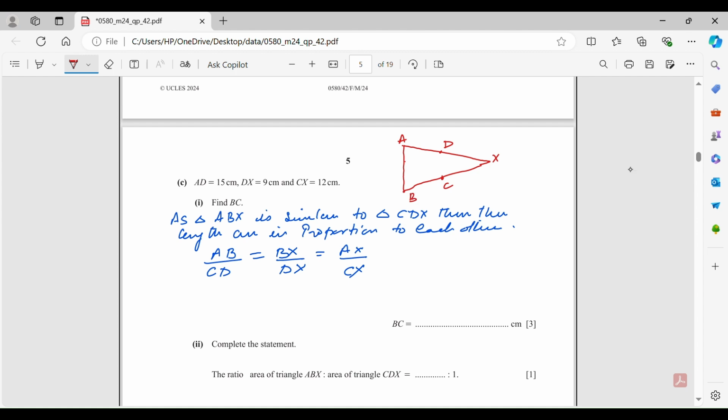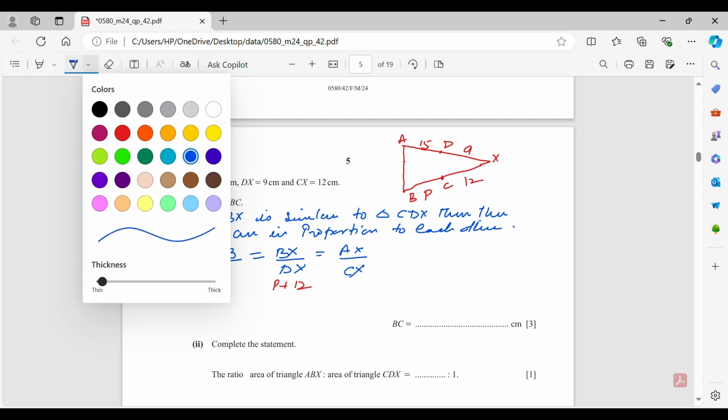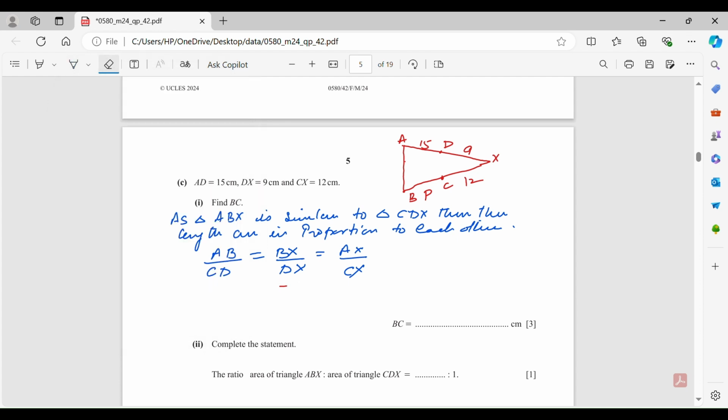Now AD is 15, this DX is 9 given, then CX is 12, and BC, let BC be p. BX is p plus 12.